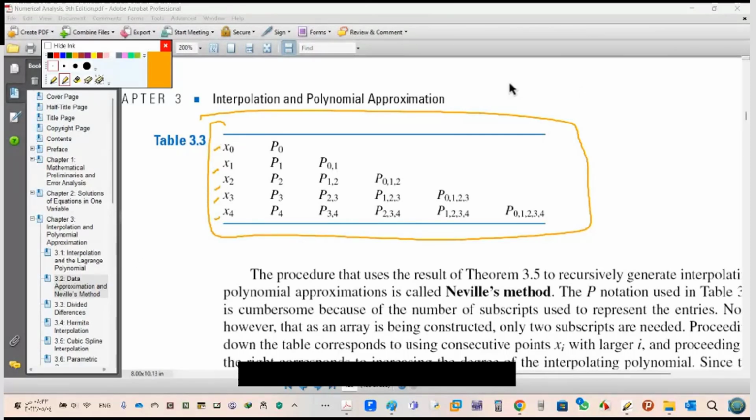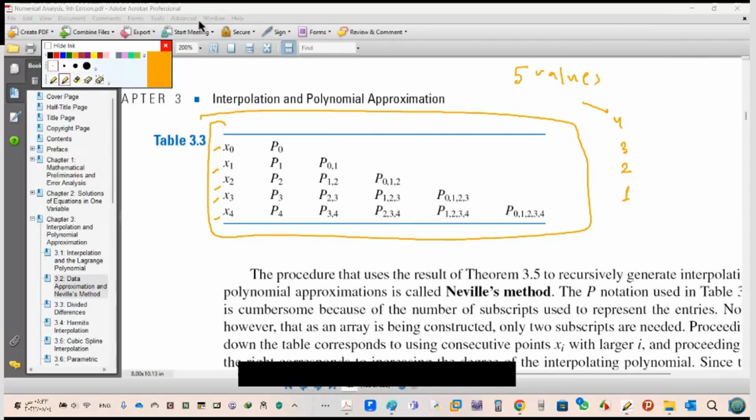So for 5 values, we have degree 4, 3, 2, 1. So how many degrees, Amin? We have 4 degrees. For Lagrange, we need more time. You have to calculate Lagrange for degree number 4, degree number 3, degree number 2. It's so long. But here we can find it directly.